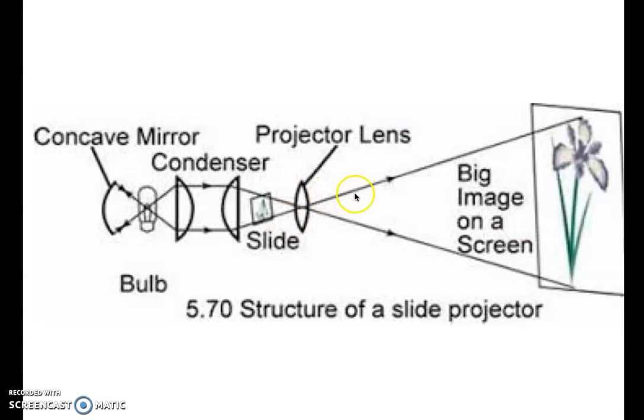All right, if you ever put your hand in front of the projector lens, you would see that this would make a much smaller image, still upright, etc. Much smaller image, much brighter.